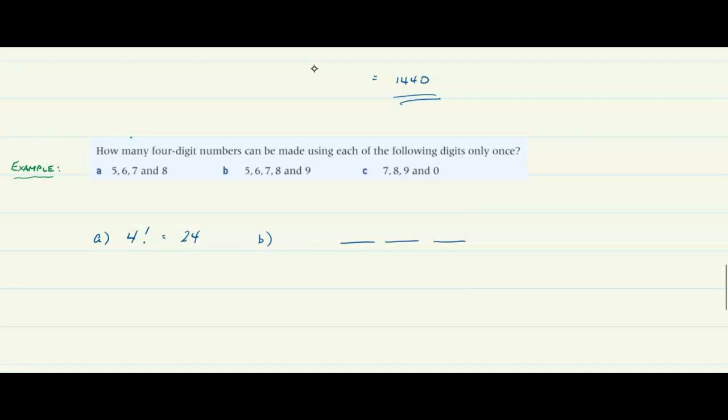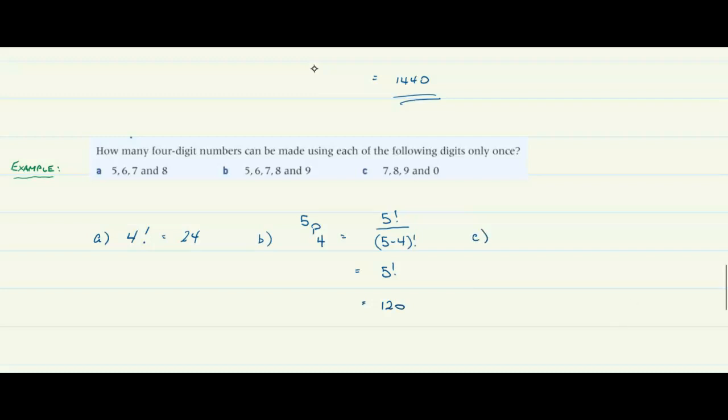So I'm going to have to choose 4 from those 5. Now the question is, is order important? Well, again, it's a number, so yes, it is important. So that's 5P4, and 5P4 is 5 factorial over (5 minus 4) factorial. Now that's just 5 factorial over 1. So that's 5 factorial, which is 120. So 120 ways of doing that.